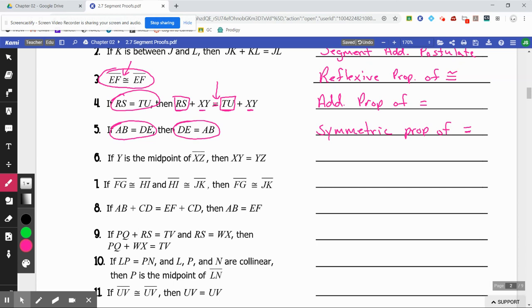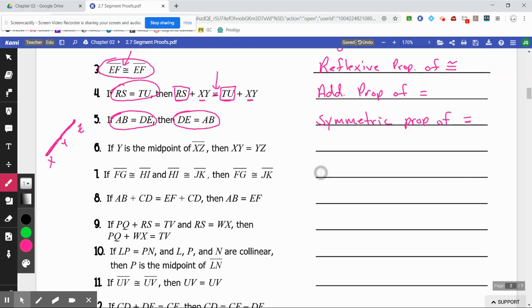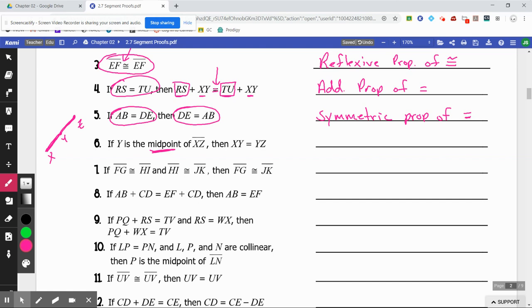If Y is the midpoint of XZ, so you've got line segment XZ, if Y is the midpoint, it says that XY has to be equal to YZ. Well, what is that? That's the definition of what a midpoint is. So the definition of midpoint.